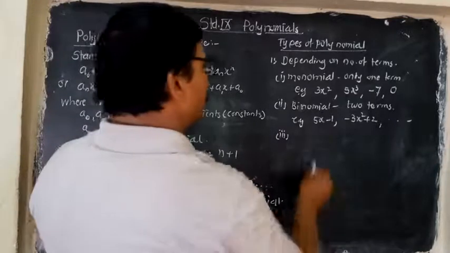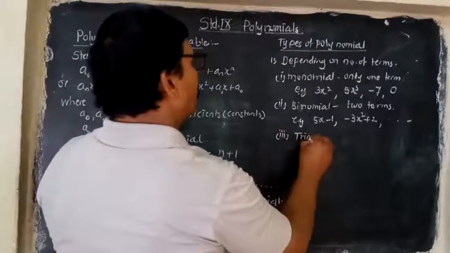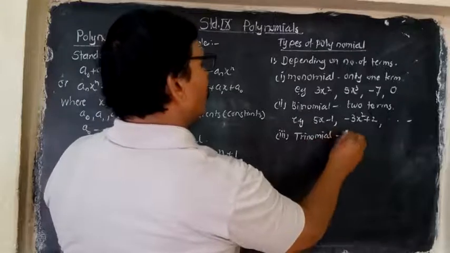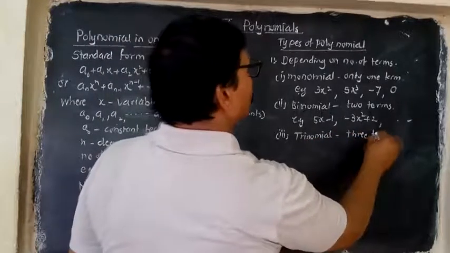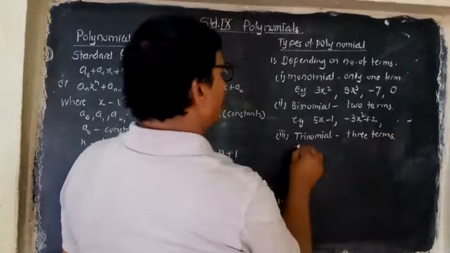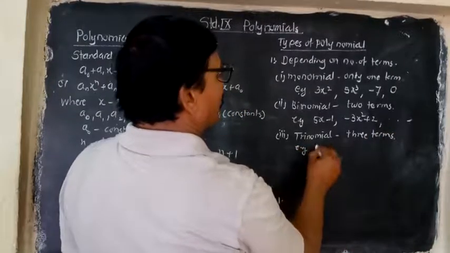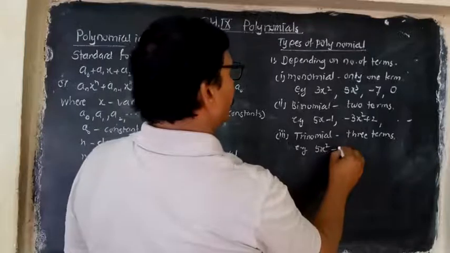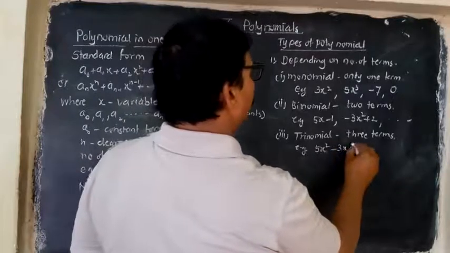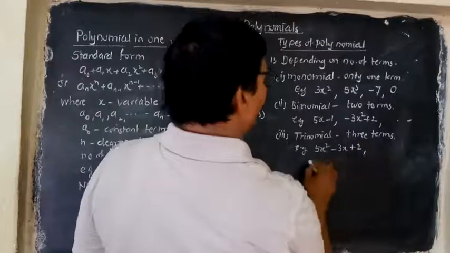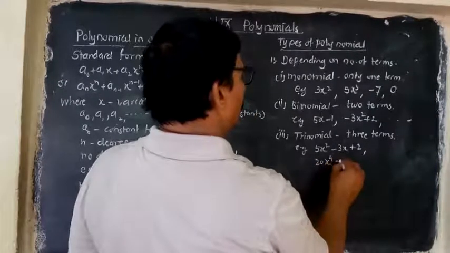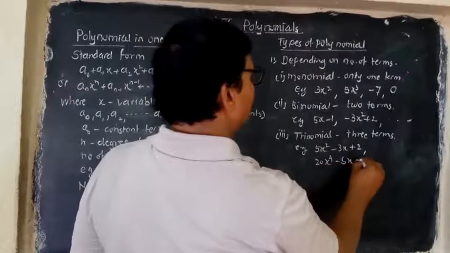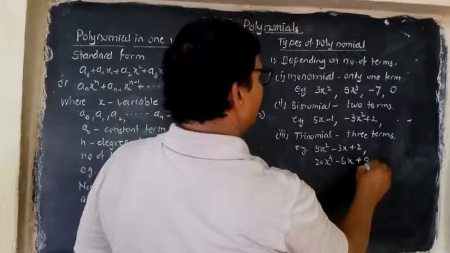Then trinomial. It has how many terms? Three terms. For example, 5x square minus 3x plus 2, 20x raised to 4 minus 5x plus 9 and so on.